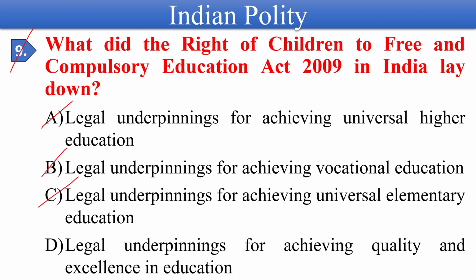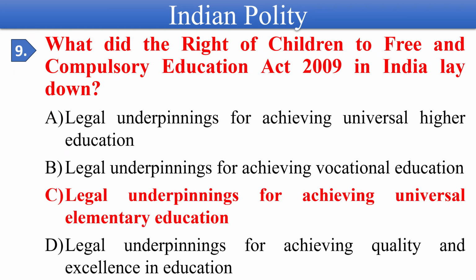Option C. Legal underpinnings for achieving universal elementary education. Option D. Legal underpinnings for achieving quality and excellence in education. And the answer is option C. Legal underpinnings for achieving universal elementary education is the correct answer.